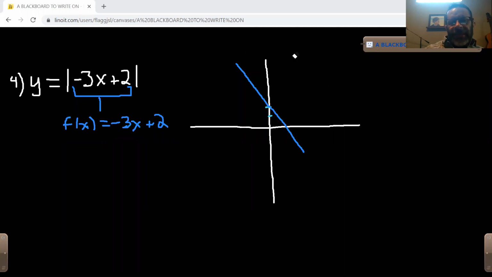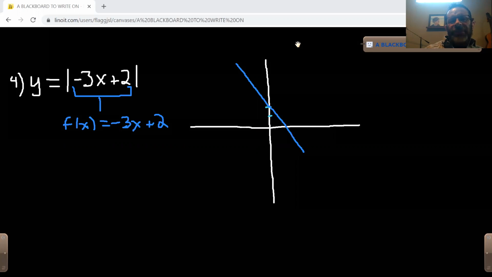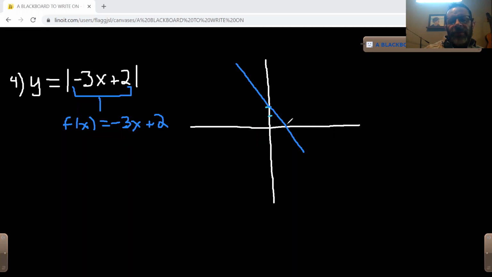Let's just do this. I want to know the value of the x-intercept here. How do we find that? We say that minus 3x plus 2 equals 0.